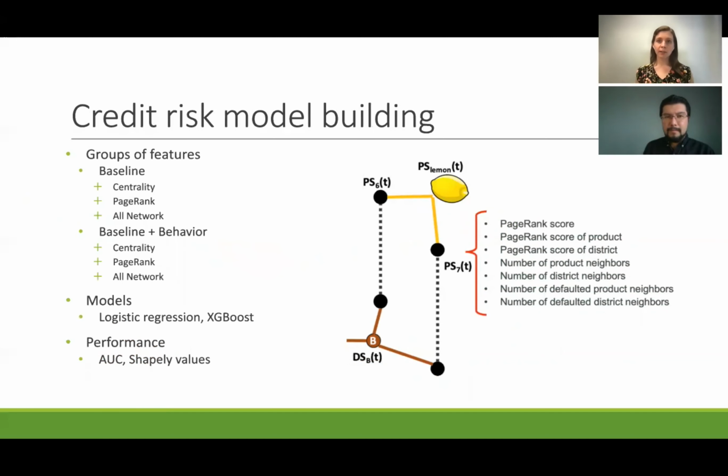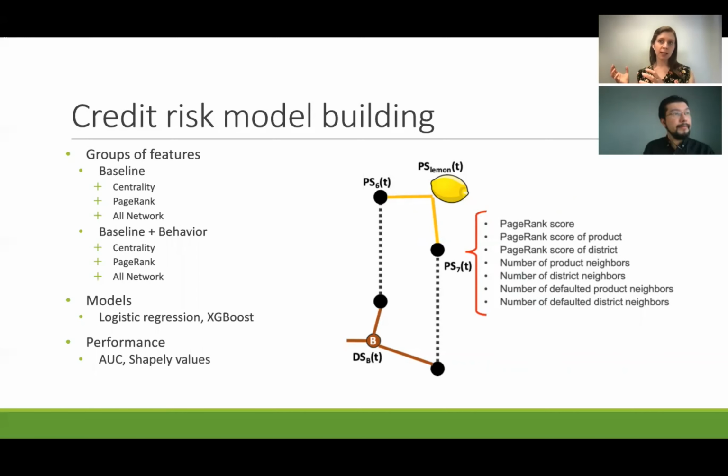And then once we had extracted all of this to enhance our data set, we started our credit risk model building. And we considered different groups of features. So we had actually two applications. We had first the baseline features together with network features.